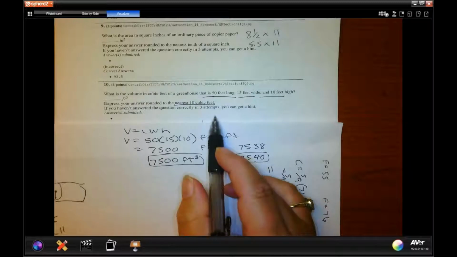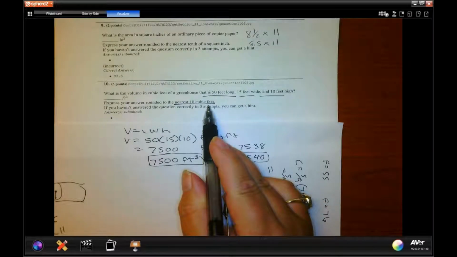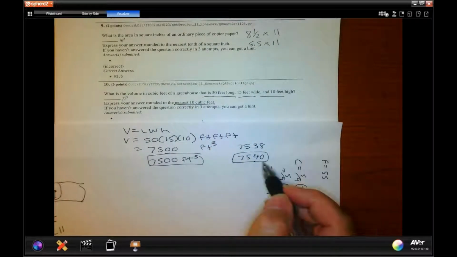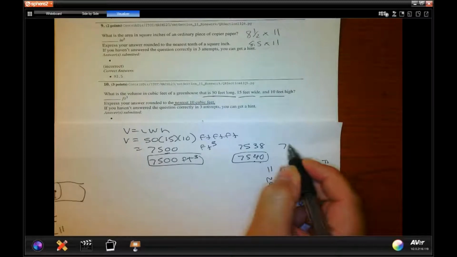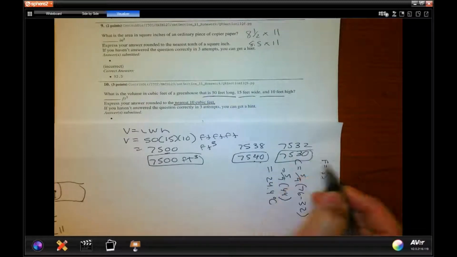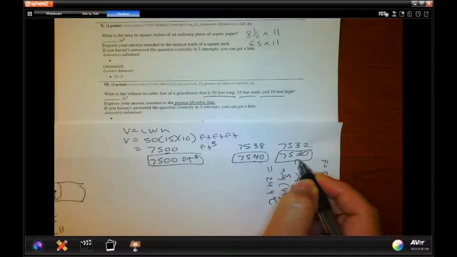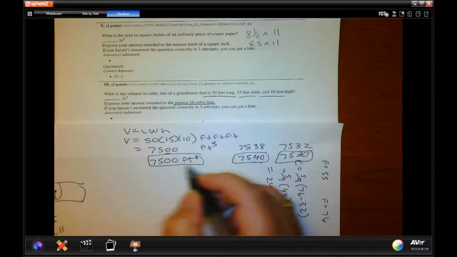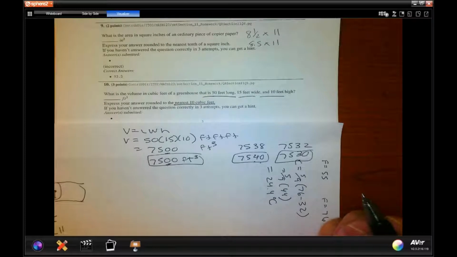So that may be what's giving some people problems on WebWorK, because it's not tenth, it's nearest 10. If it had been 7532, it would have been 7530. So watch the rounding. Mine just happened to come out to 0, so it stayed the same.